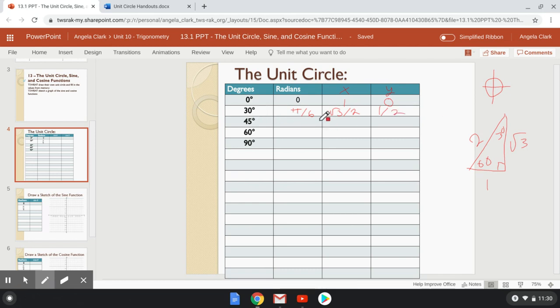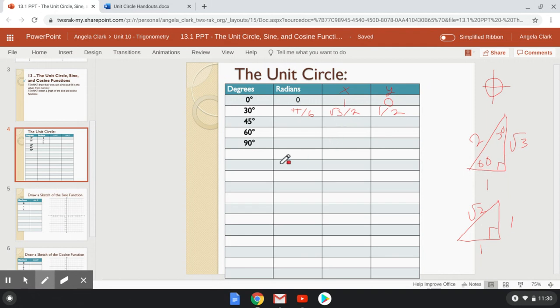And then 45, again, we have that nice 45, 45, 90 triangle. So sine and cosine are always the same here. It's always 1 over the square root of 2, which, as we discussed earlier, is square root of 2 over 2. So this is going to be square root of 2 over 2 for sine or cosine.